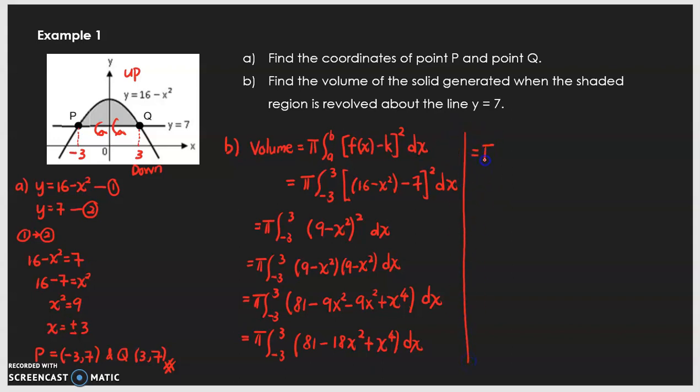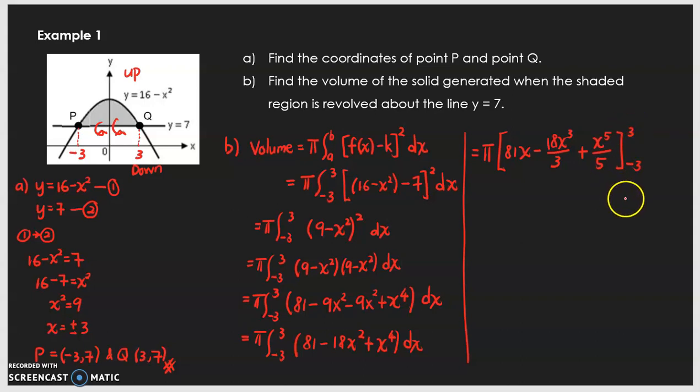This is equal to pi. Integrate, I change to a square bracket. Integrate 81, so we have 81x minus 18x cubed over 3 plus x power 5 over 5 from negative 3 to positive 3.